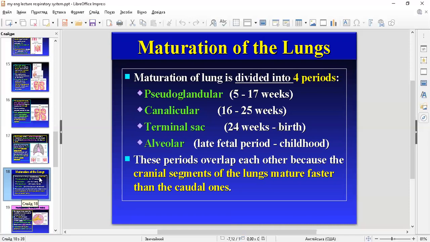Terminal sac, from 24th week to birth. Alveolar, late fetal period to childhood. These periods overlap each other because the cranial segments of the lungs mature faster than the caudal ones.